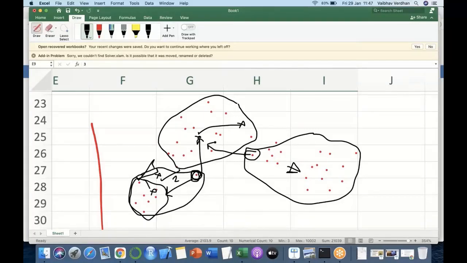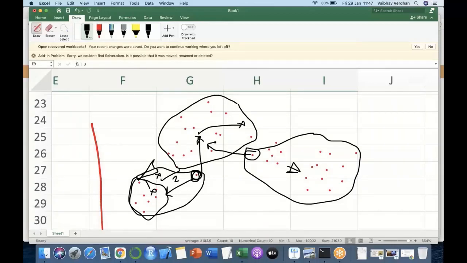And this process will continue. So again, I'll repeat, you will initialize the centroids of the clusters randomly, and you will assign the points close to them to that cluster. You would recalculate your centroids, and that assignment of the clusters will happen again.